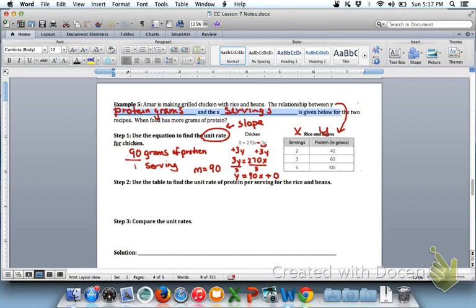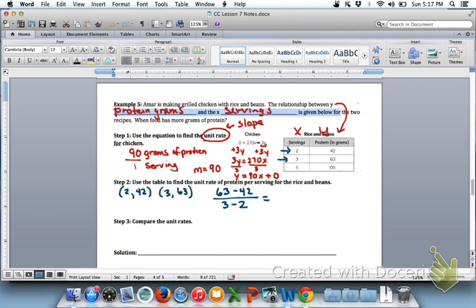And when we have our table, just like if we would have a graph, we want to find our change in y and change in x. So in our table, we want to choose two ordered pairs. I'm just going to go with the first two. So that's (2, 42) and (3, 63). And then, of course, our change in y is 63 minus 42 over our change in x, 3 minus 2.